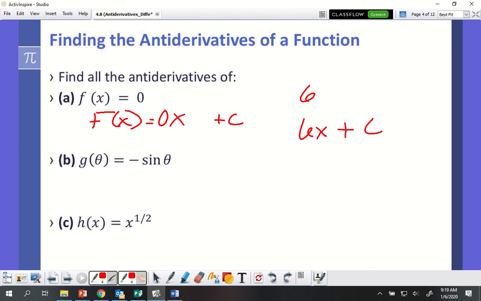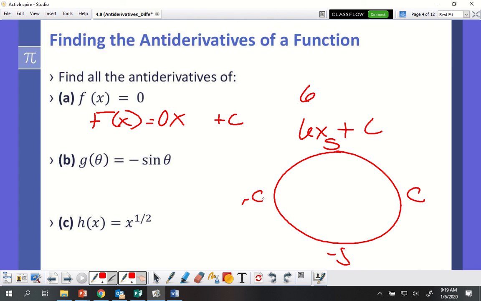All right, so now my wheel of derivatives. We have sine, cosine, negative sine, and negative cosine, right? So when I do the derivatives, which direction do I go? I go clockwise. So an antiderivative would go anti-clockwise.